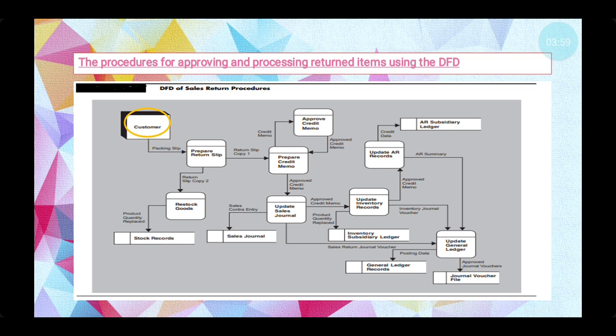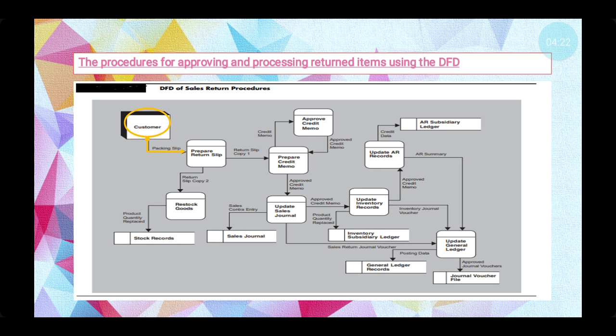So, after i-return ni customer yung item or yung product, si receiving department should check the items and after nun is magpe-prepare siya ng return slip. Dalawang copy yun. Yung isa for the restock goods and yung isa for preparation ng credit memo.